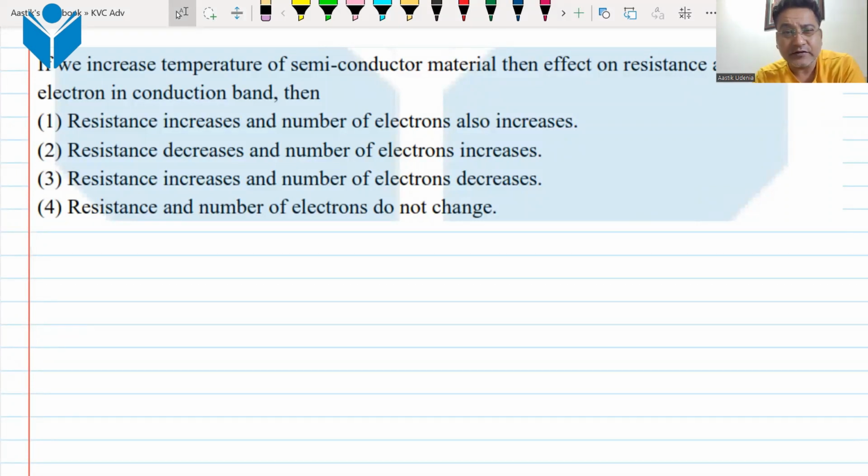and the number of questions. If we increase the temperature of a semiconductor material, then the effect on the resistance and the number of electrons in the conduction band, what happens?